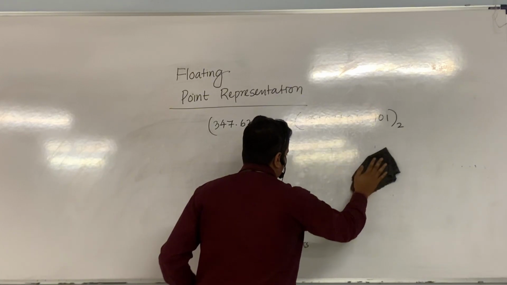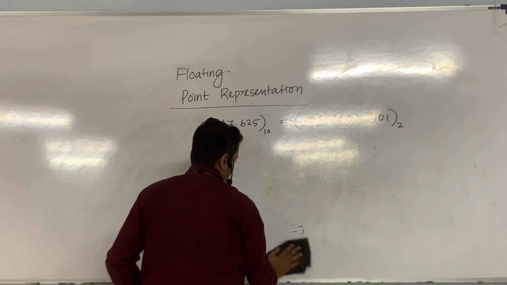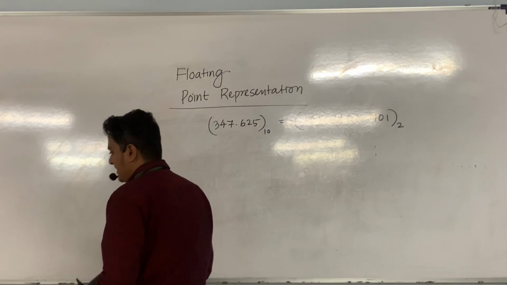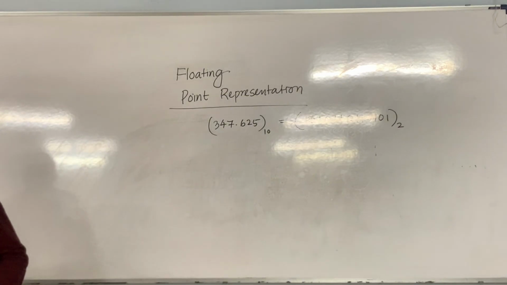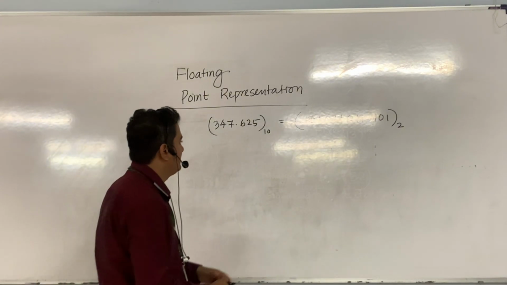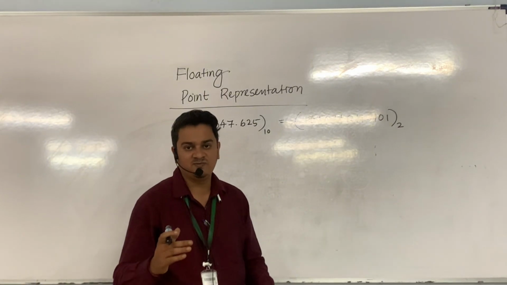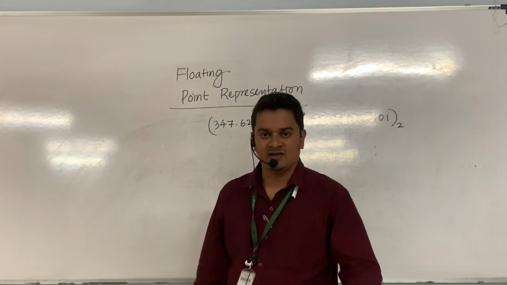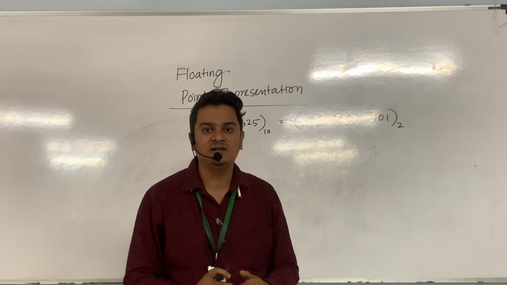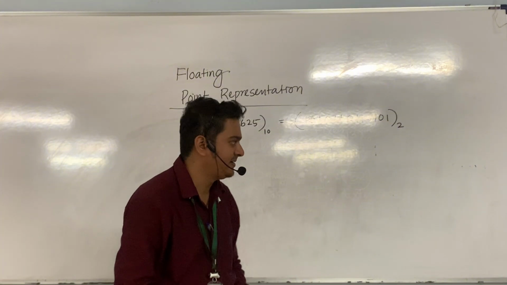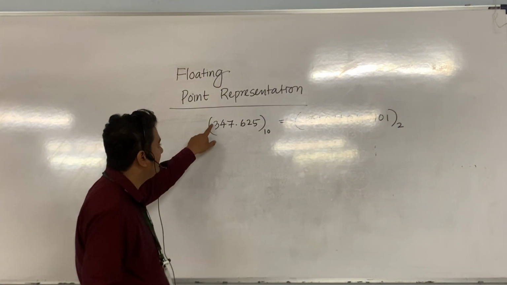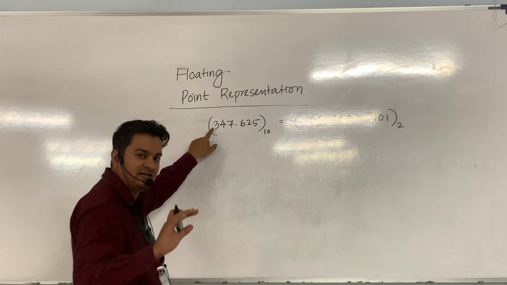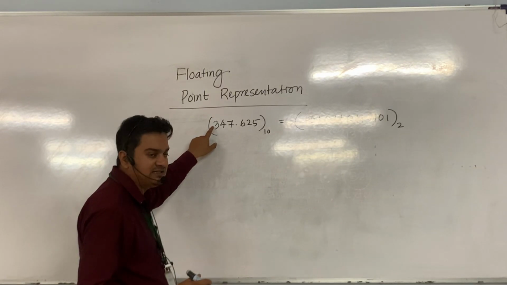Now my dear students, how will I represent this particular number in this floating point representation? First step is to determine the sign of the number. Here I have not written anything, plus or minus, so generally we will take this as a positive number.